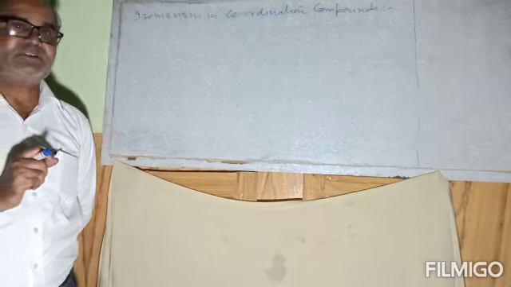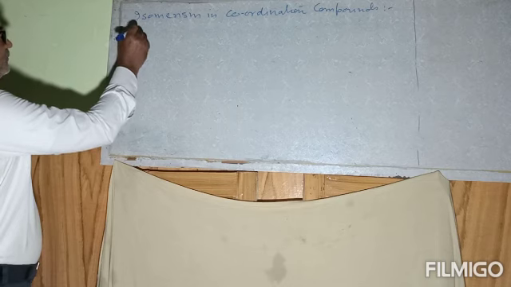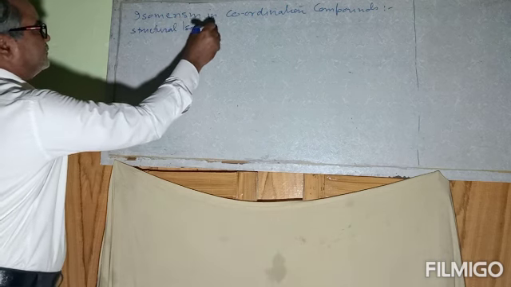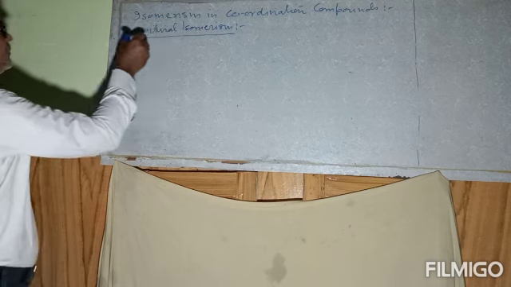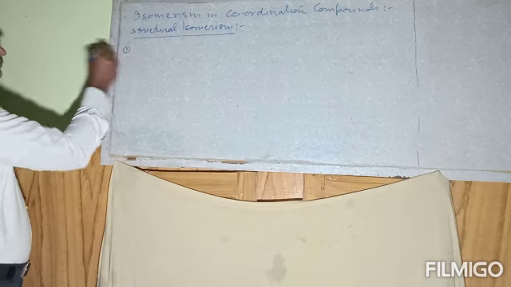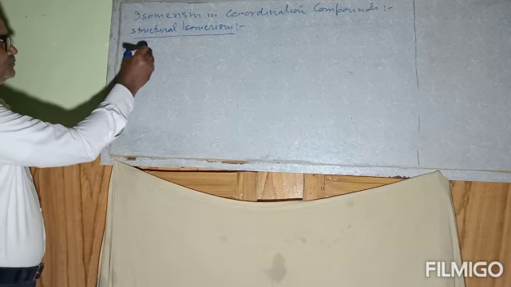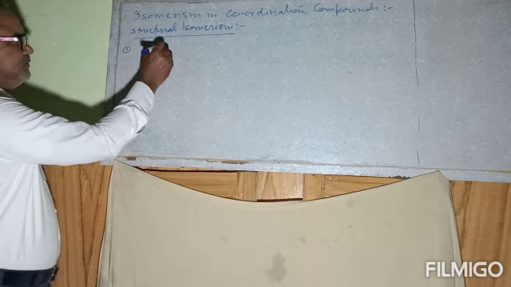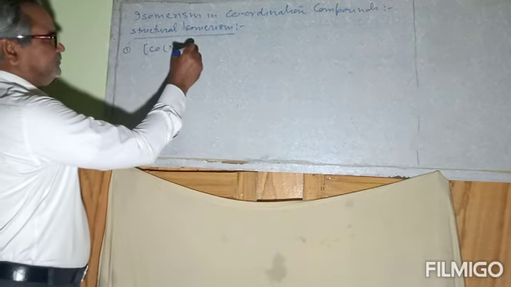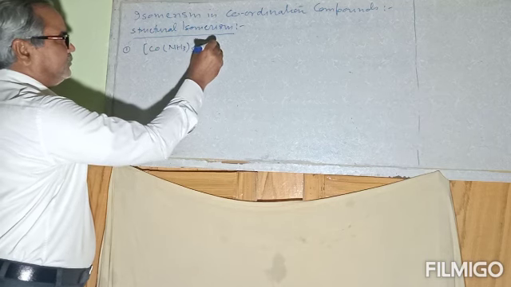So first we will discuss structural isomerism. One example: cobalt, NH3 whole 5, NO2.